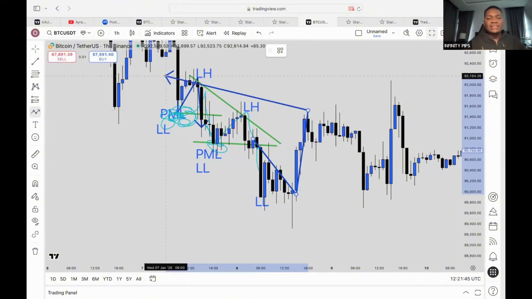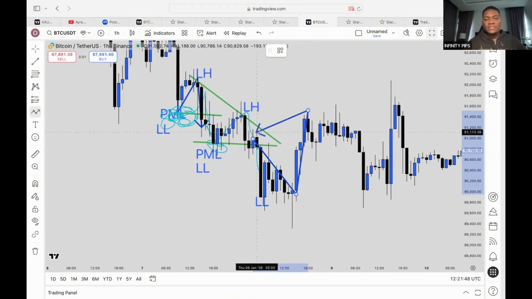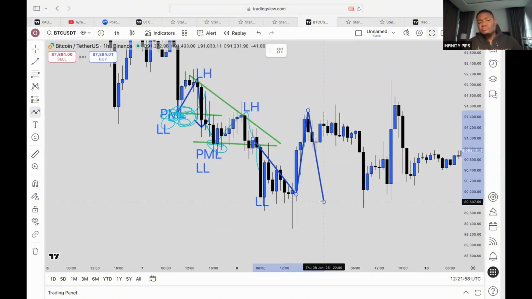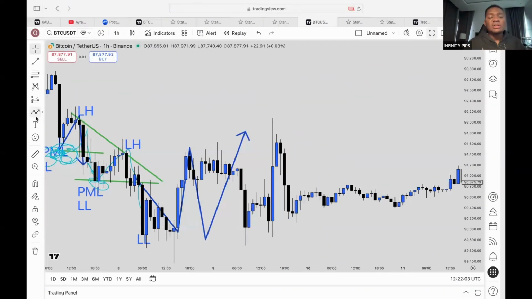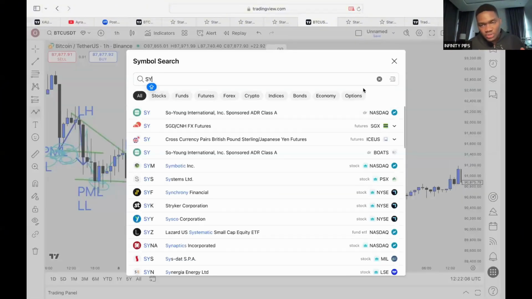Market that was previously selling, creating lower highs and lower lows, all of a sudden came down, did not create it anymore, pushed back up, and changed the normal structure it was creating before and started creating something different. In this case, we'll say that market has changed character, or changed structure.